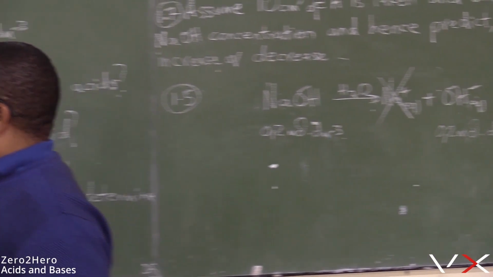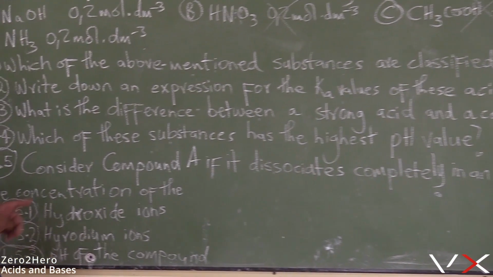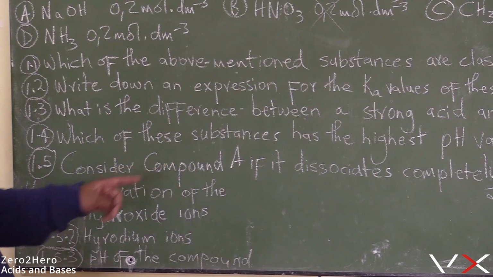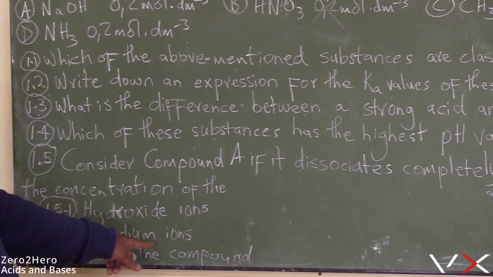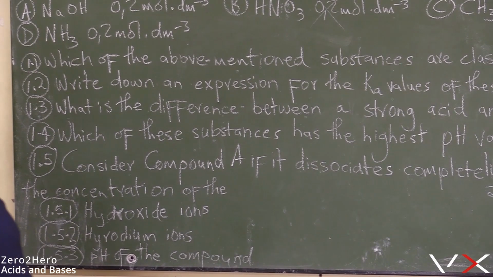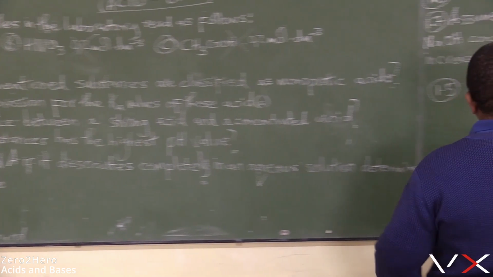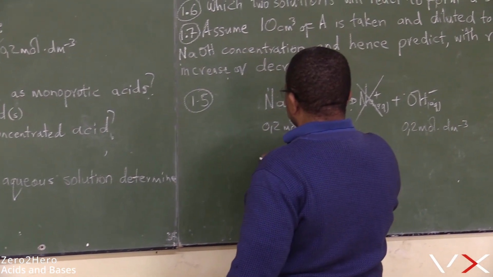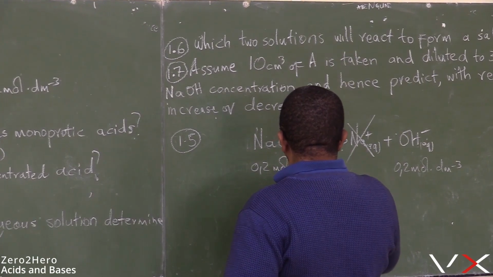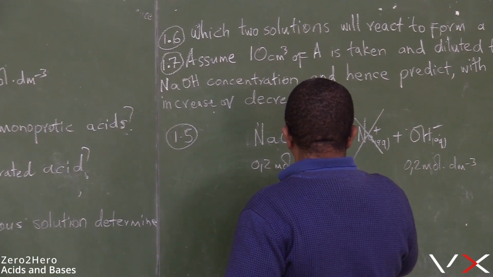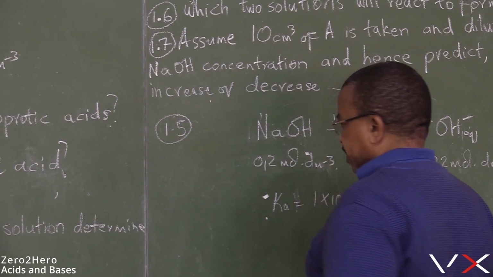Right. Now, determine the concentration of hydronium ions. Let's work it like this. We know that the Kw value here is 1 times 10 to the power minus 14.